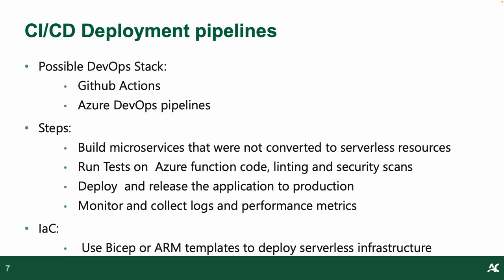And after the build, they would run tests on Azure function code, and then the pipeline would deploy the Azure functions to the production environment, and after which it would monitor and collect logs and performance metrics of the serverless resources. For infrastructure as code, we could use Bicep or ARM templates to deploy this serverless infrastructure.